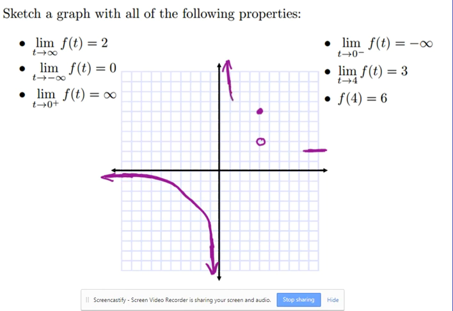Then I'm going to connect my right-handed limit as we approach 0 to my hole. And then my hole is going to approach 2 as we go to infinity. That is what is described.